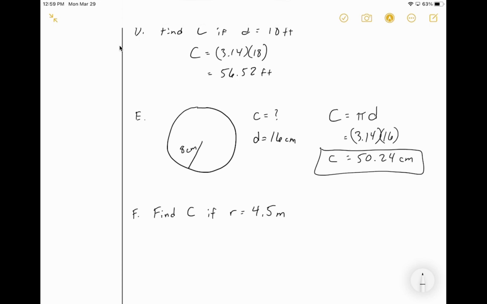Okay, can you find the circumference, please? All right, put in the chat once you think you got it.